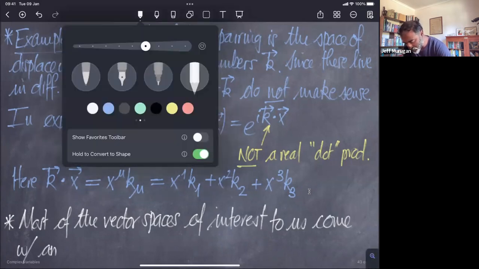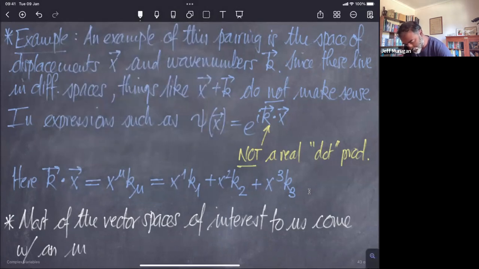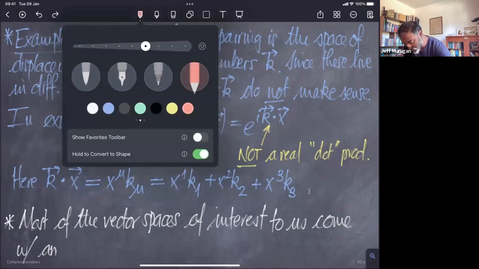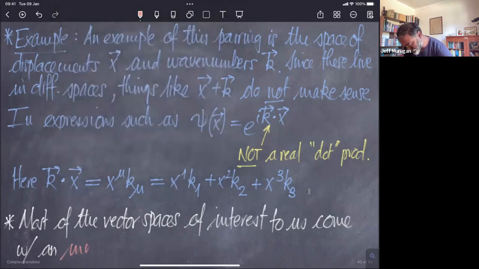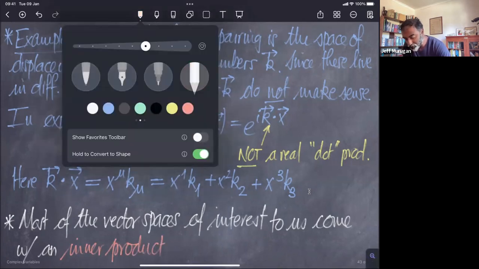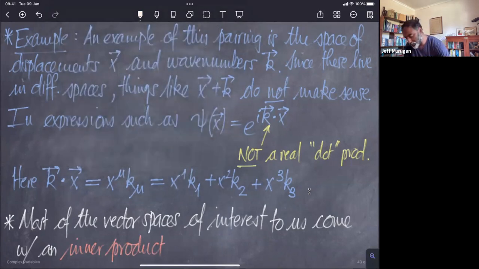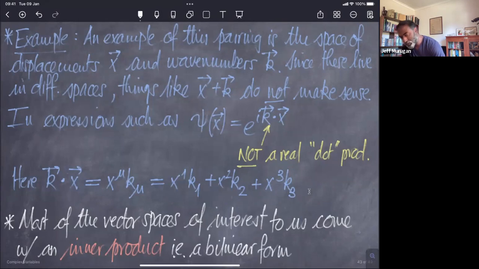Let's call it G, and G takes V times V to the reals.